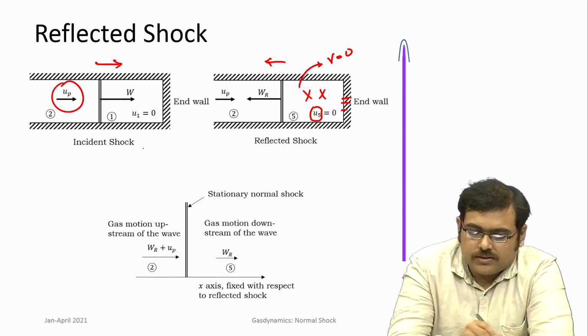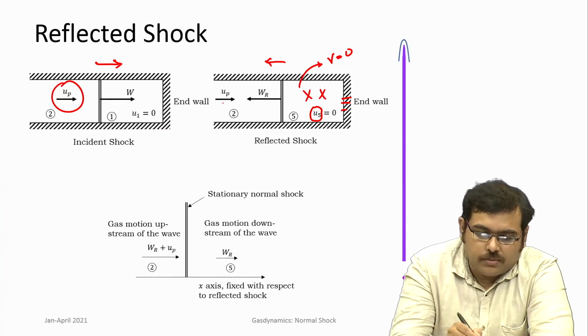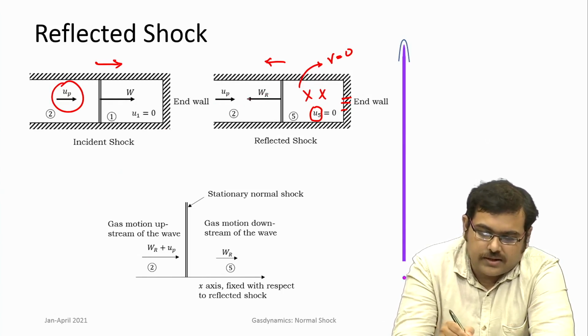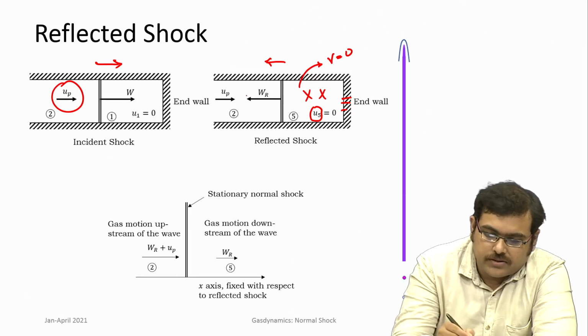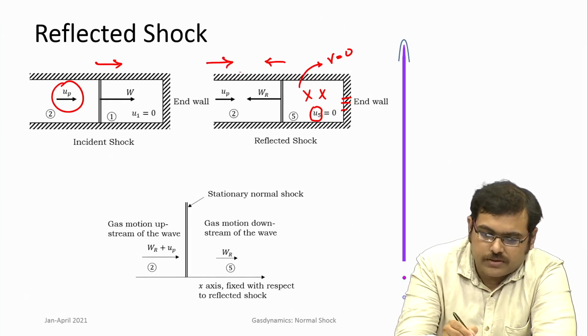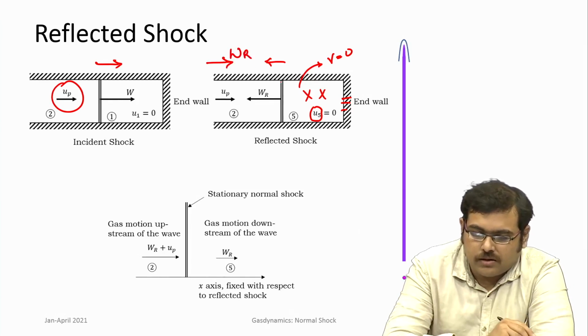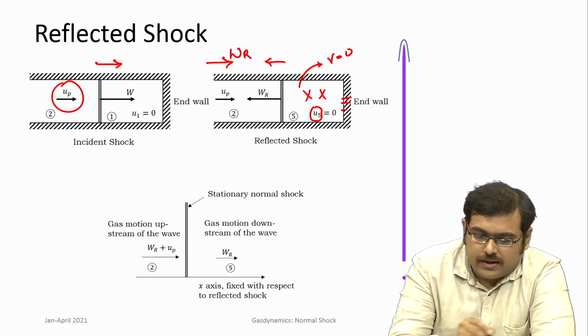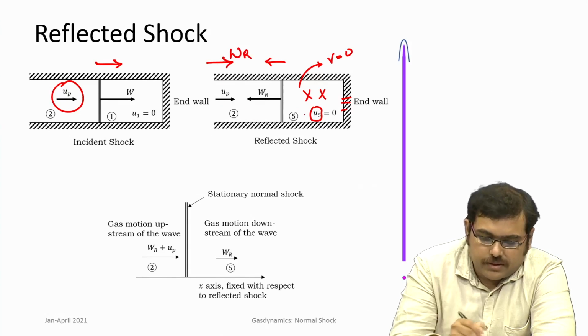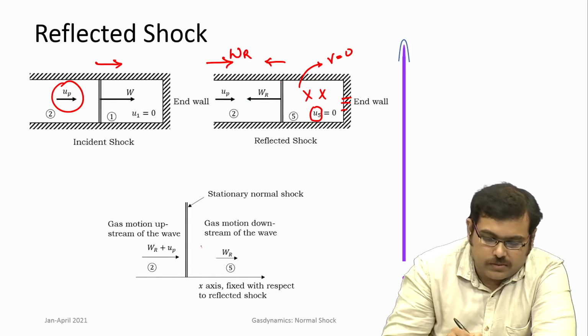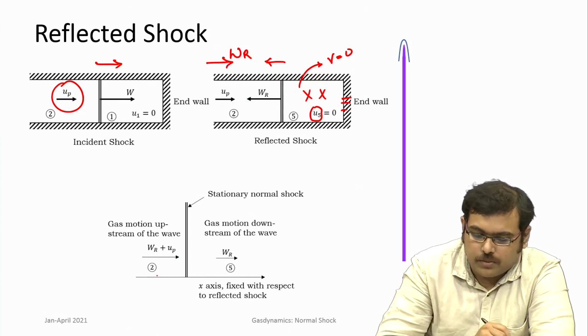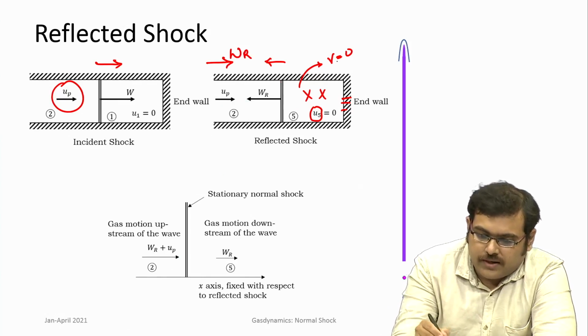Now, this is a relative motion which is happening into a flow which is coming opposite. So, the relative velocity here is actually Wr plus Up. So, you would impose a velocity Wr in order to be on the shock, and that means the total velocity coming on to this shock to make it stationary is Wr plus Up, while V is 0.